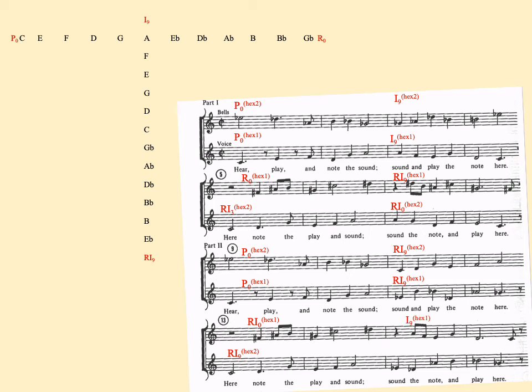And then at the ending, the bells go A, F, E, G, D, C, which is the first hexachord of inversion 9, and the voices end E flat, D flat, A flat, second hexachord of P0. All of these hexachordal combinations form aggregate collections.